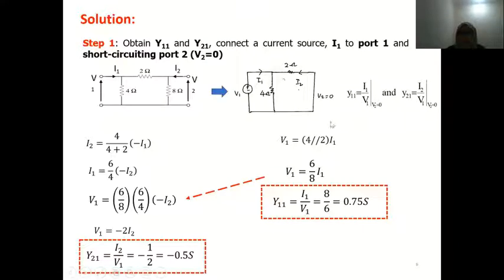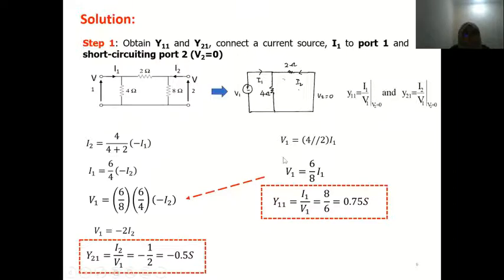From this circuit, V1 is equivalent to the 4 ohm resistor in parallel with the 2 ohm resistor times I1. So V1 is equal to 6 divided by 8 I1, and your Y11 is equal to I1 divided by V1, meaning 8 divided by 6, which gives you 0.75 Siemens for Y11.